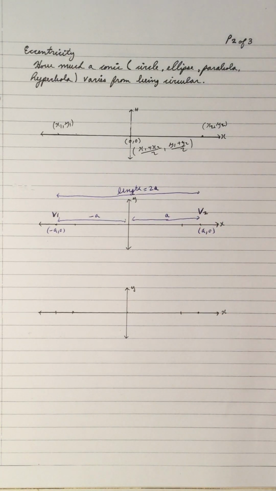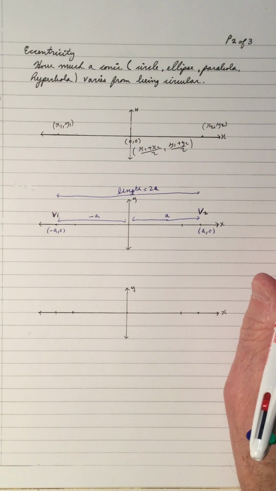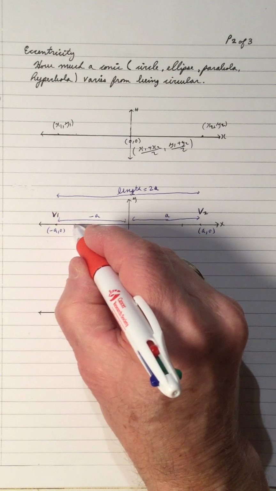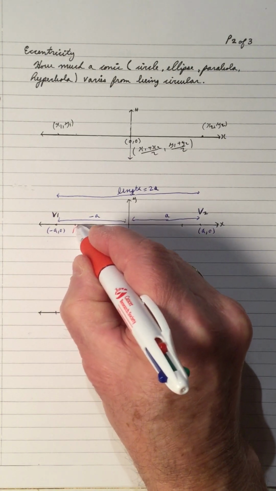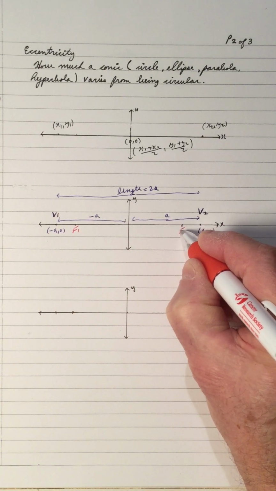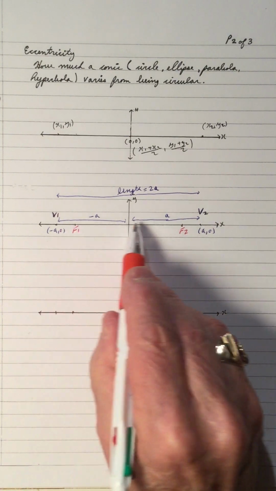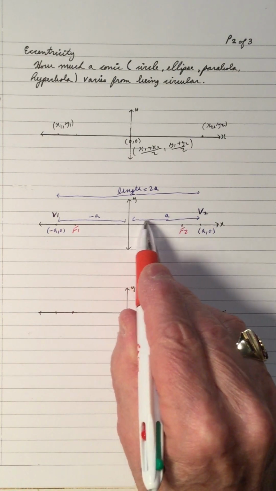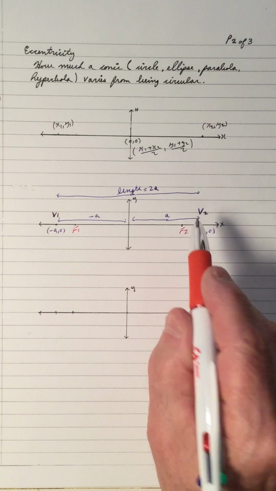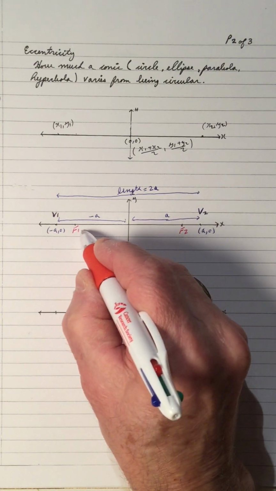Now, let's change it. I'm going to use my foci in red. Let's call this point here F1, for focus 1, and this point here F2, focus 2. The vertices are A units to the left and right of the center. The foci are C units to the left and right of center.